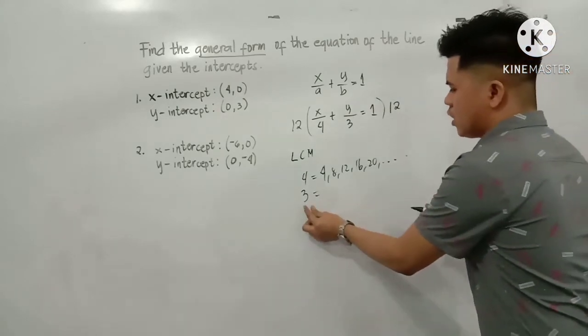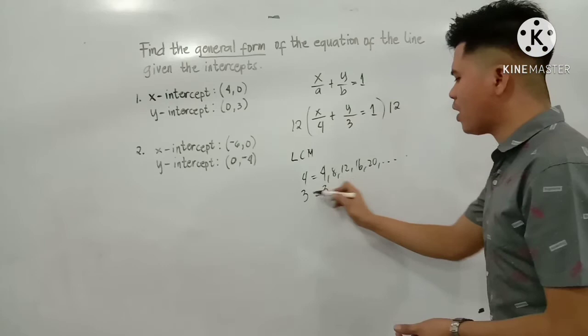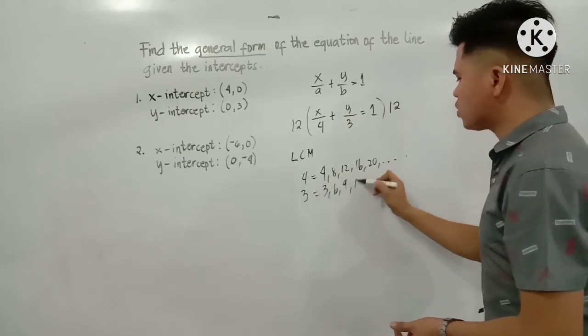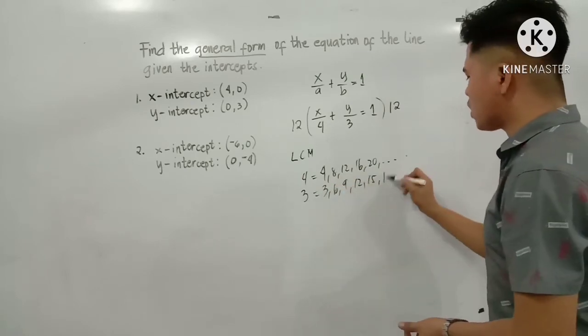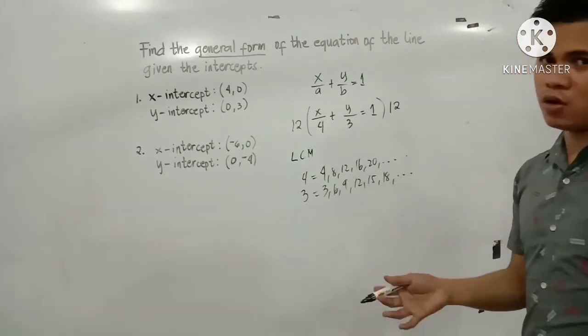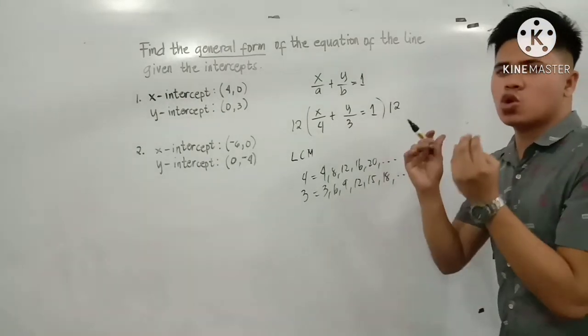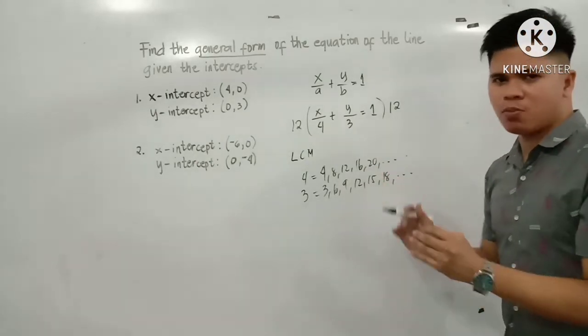Then next is 3. So again, start with itself, 3. Then add by itself. 3 plus 3 is 6. 6 plus 3 is 9, 9 plus 3 is 12, 12 plus 3 is 15, 15 plus 3 is 18, so on and so forth. Then, to find the LCD, you have to choose the first common multiple.